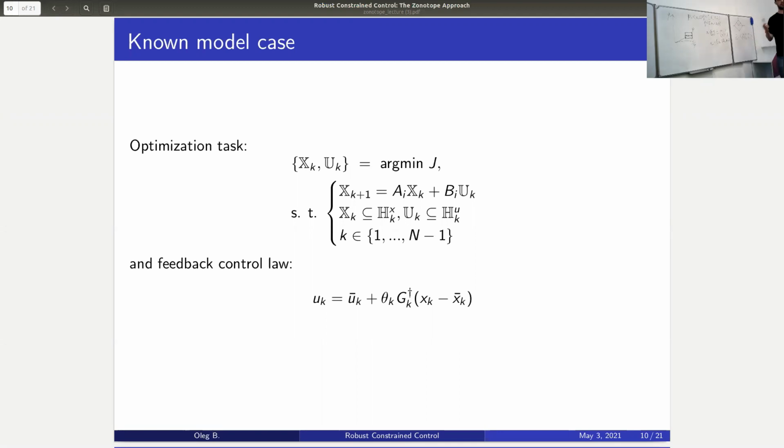Our cost is, for example, quadratic. Just as in simple MPC, we want minimization of a quadratic cost of our state and control actions.